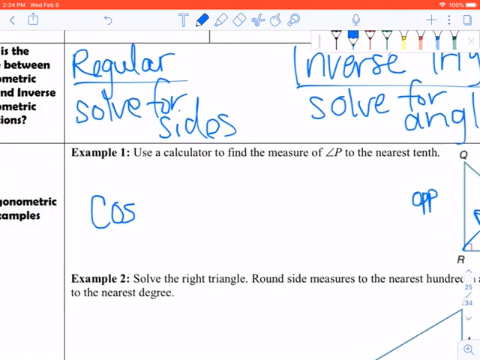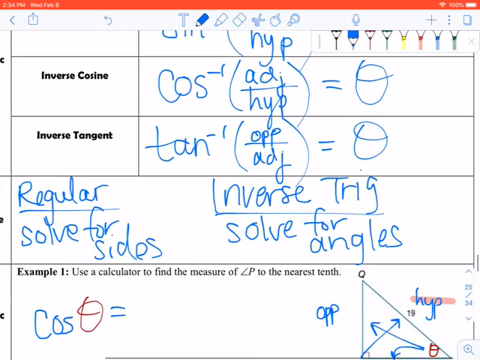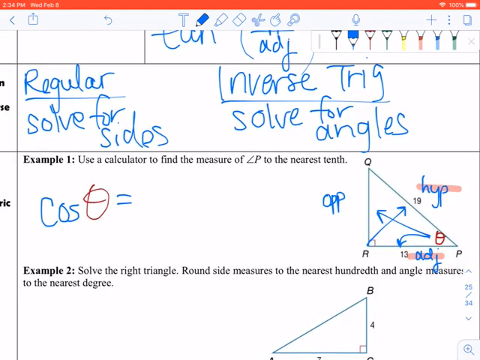Cosine goes with the angle. In this case, I don't know the angle, so that's theta, and it equals adjacent over hypotenuse for cosine. Adjacent, in this case, is 13, over hypotenuse, which is 19.